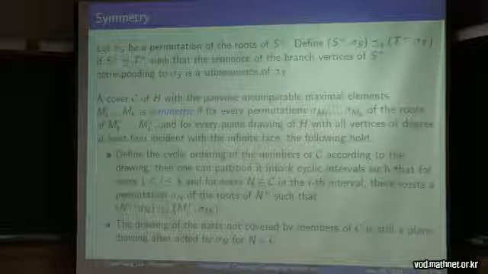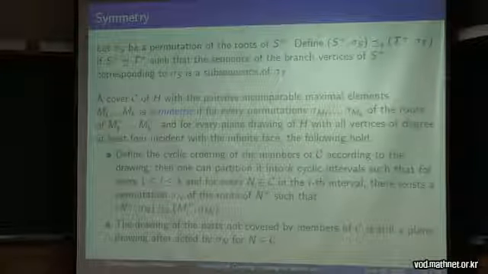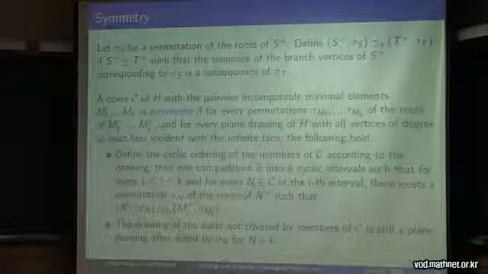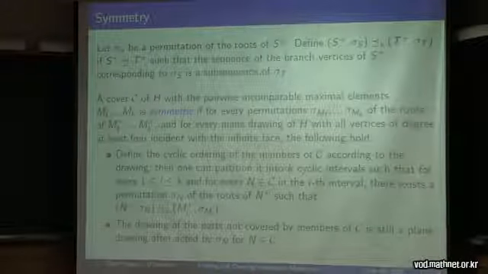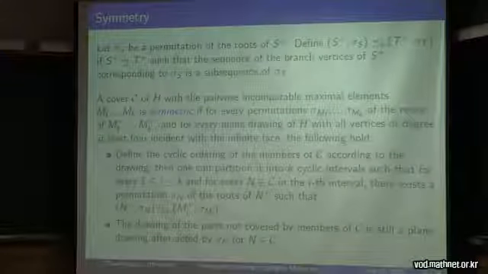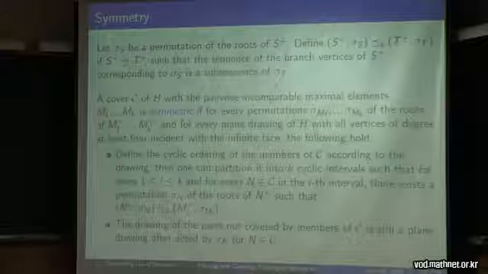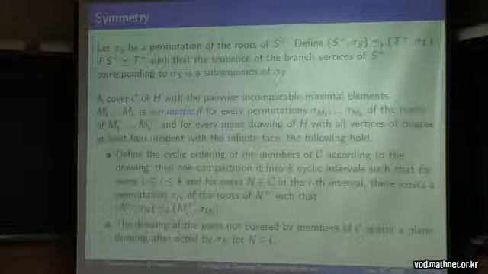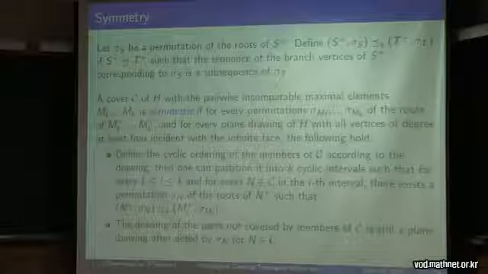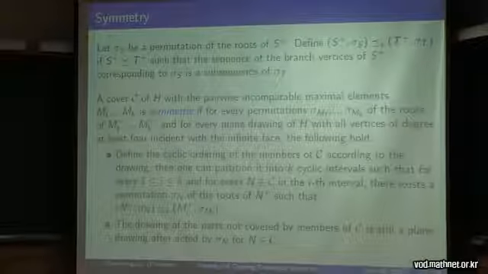And because M1 through Mk are all the maximal elements in the cover, for each member of the cover I can find some Mi such that Mi contains this one as a rooted topological minor. So for every member here, I can assign it to a maximal element. So now I assign each member of the cover to a maximal element.